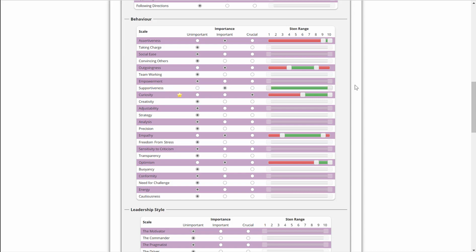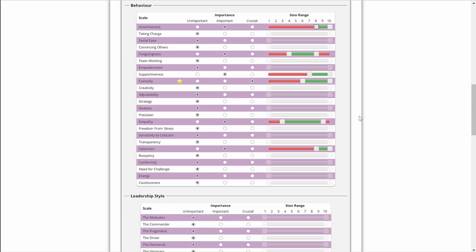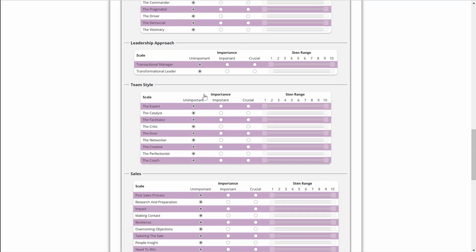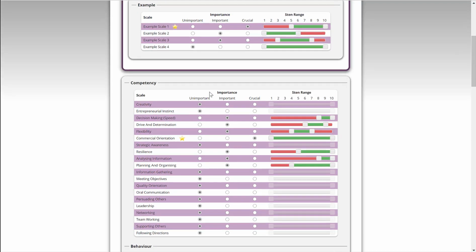If I am very assertive, tell you where I stand on everything, I may be less likely to be supportive, but not necessarily. And so you have the opportunity here to actually reflect your wishes, your desires for the role by saying, yes, we're looking for somebody with fairly high levels of assertiveness, but they also need to be good at supporting other people. So I'm setting those sliders between 7 and 10. So just think that through. And that's the benefit of doing that.